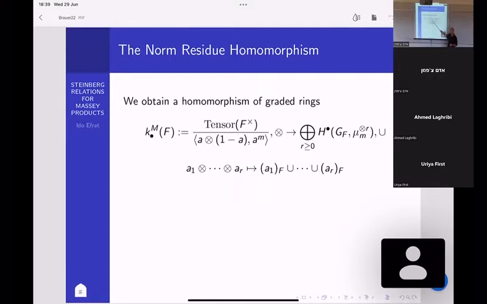So we take the tensor algebra of F cross and divide it, because of Tate's relations, by the pure tensors of elements A and 1 minus A, and also by M, because the cohomology is killed by M. So the map sends a pure tensor to the cup product of the Kummer elements.